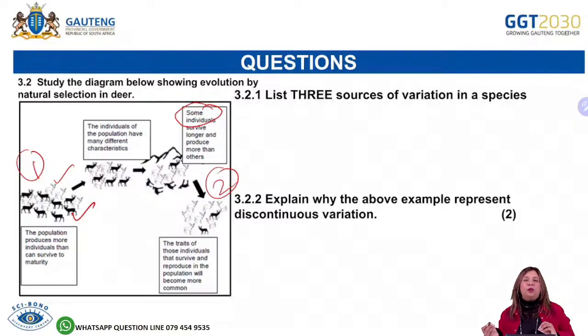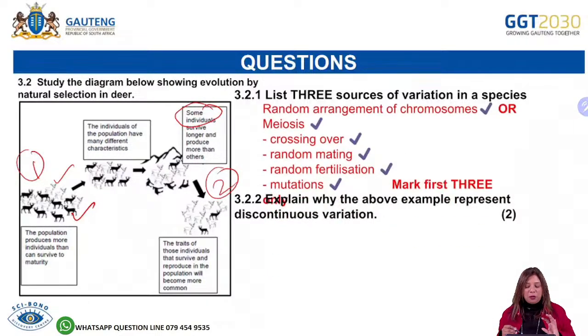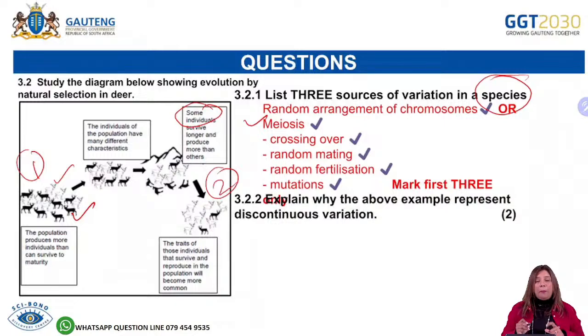So let us look at the question that they would ask us. List 3 sources of variation in the species. Now remember, I didn't ask you for evidence of variation. So don't come and tell me about fossil evidence and all of that. We are talking about within a species. Read the question carefully. We know meiosis gets you a mark, but we also know that the crossing over is part of meiosis.